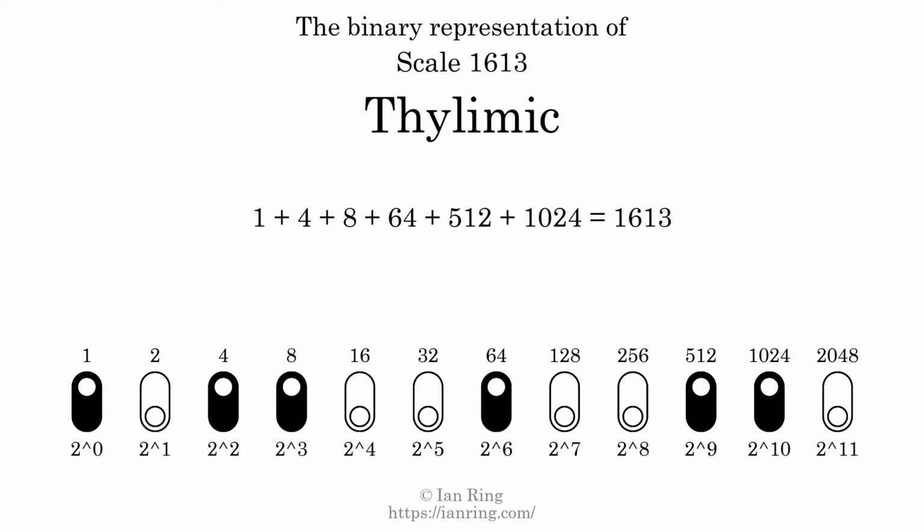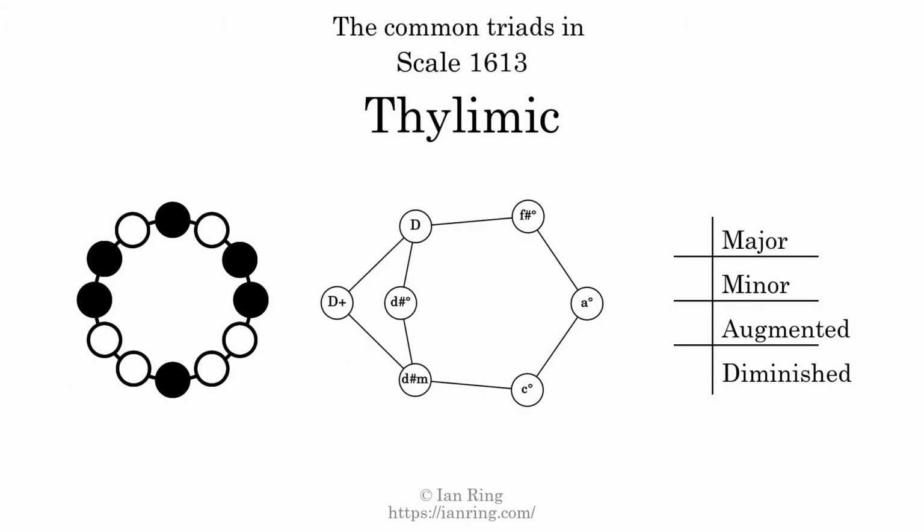That is why the scale number, in decimal, is 1613. The scale number not only enumerates the scale with a unique index, but it also literally describes the tonal content of the scale. Represented as a binary number in base 2, the scale number is 0110010011101.